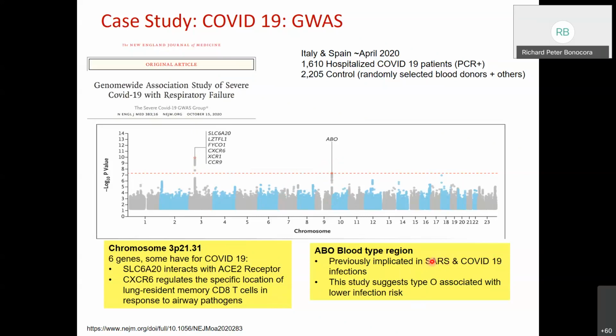In SARS, which had an outbreak some time ago, and in COVID-19, blood type has been implicated as having an effect on infections. This study suggested that type O blood is associated with lower risk of infection. If you're interested in this, you should go and take a look at the ABO blood types that we've talked about previously.